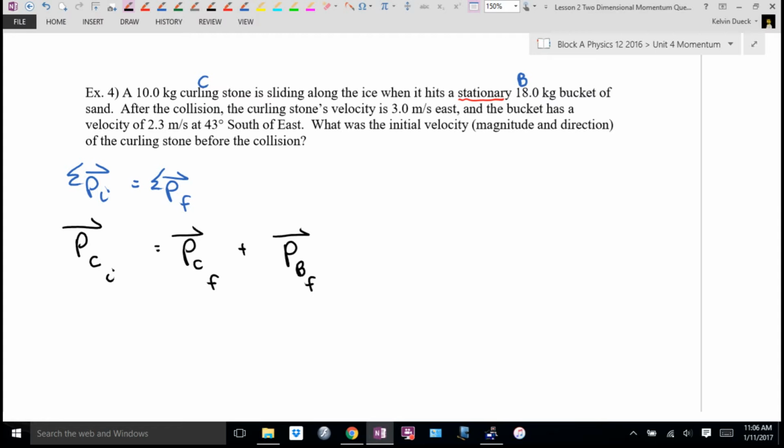Do I know what the initial direction of the curling stone is at all? I don't know. What's the final direction of the curling stone after the collision?